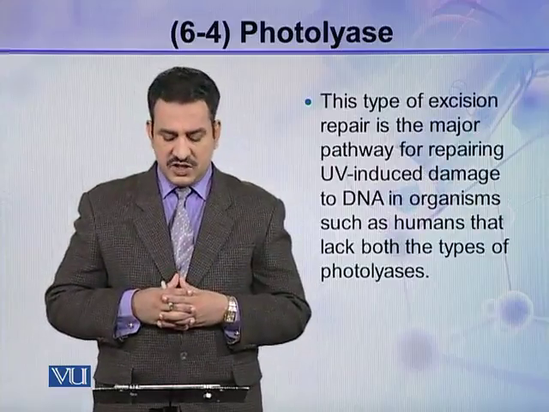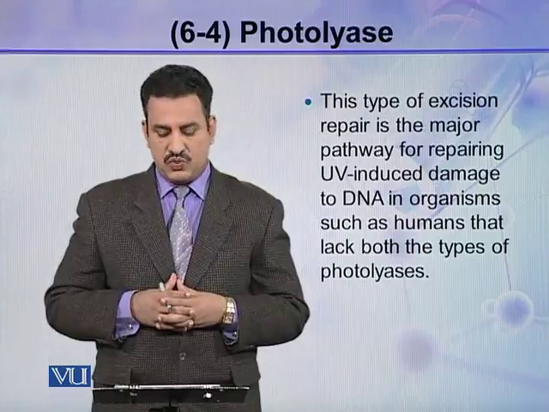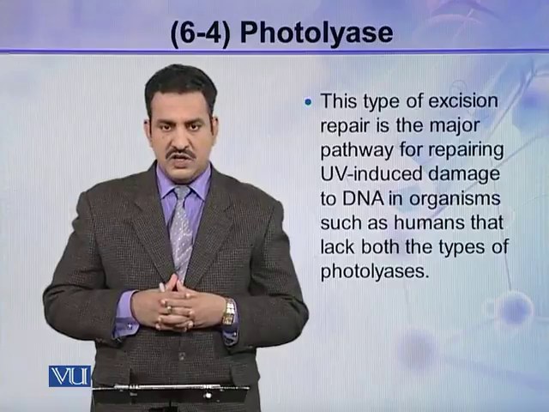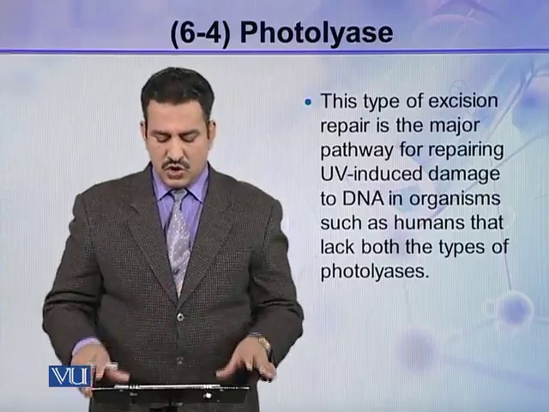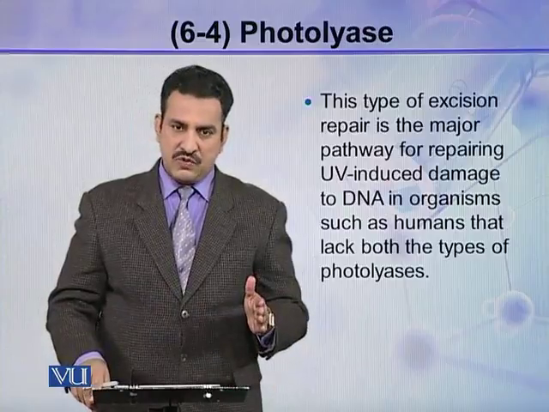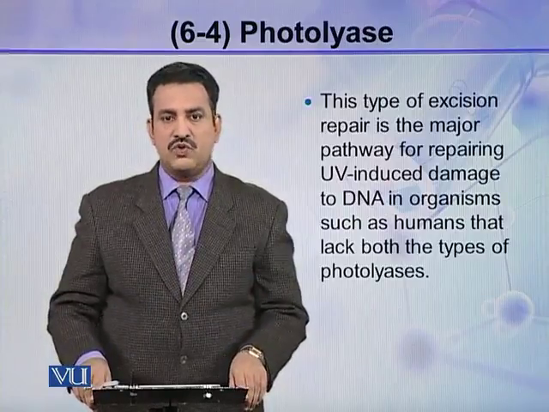This type of excision repair is the major pathway for repairing UV-induced damage to DNA in organisms such as humans that lack both types, that is, CPD photolyase and 6,4 photolyase.